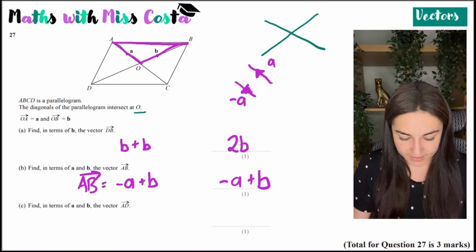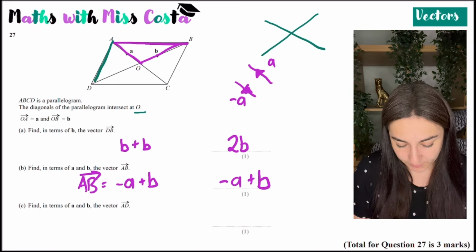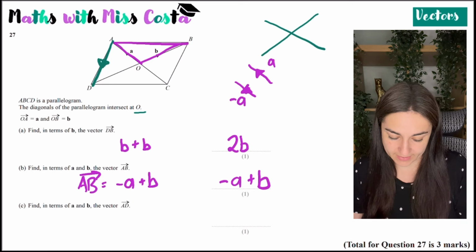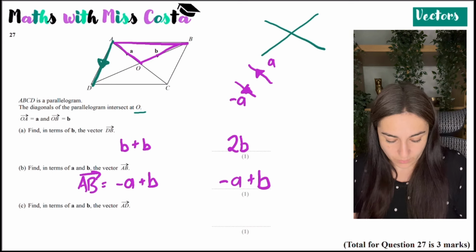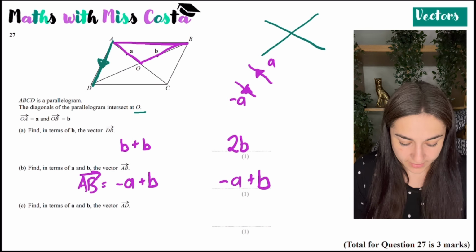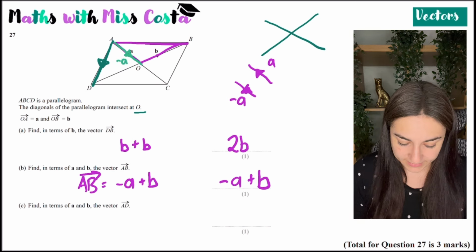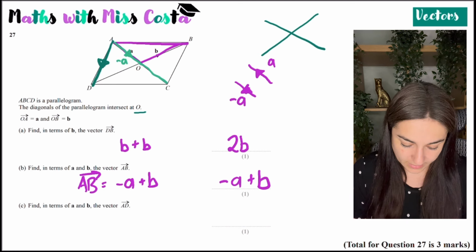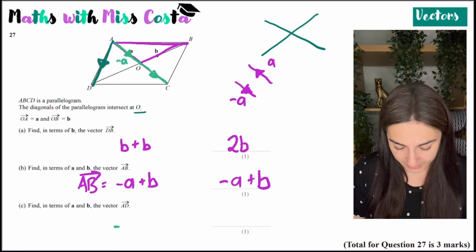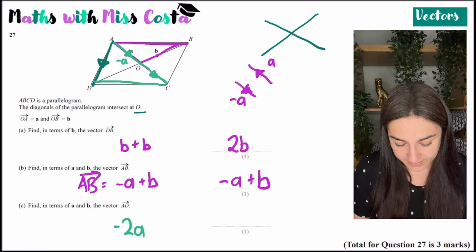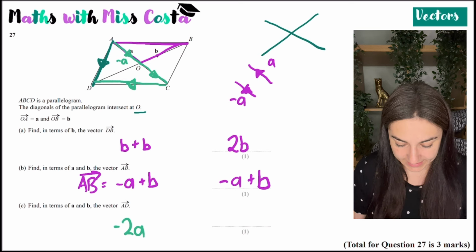And the final part, it says the vector AD. So this would be this route here. How can I go along this route? Well, I could go along A, so it would be negative A because I've reversed the direction. Along A again, so that would be negative 2A. And then along this route here, CD.